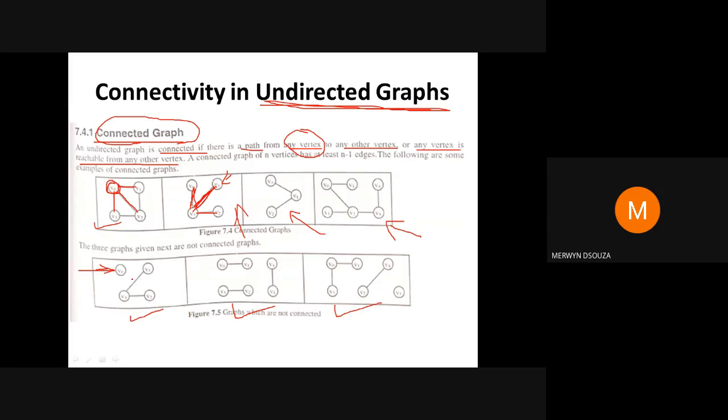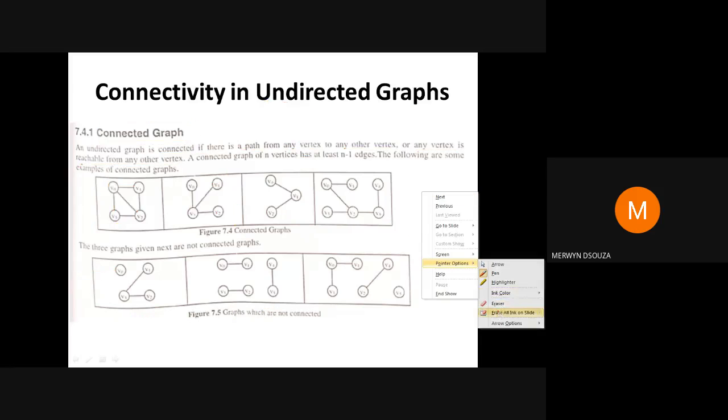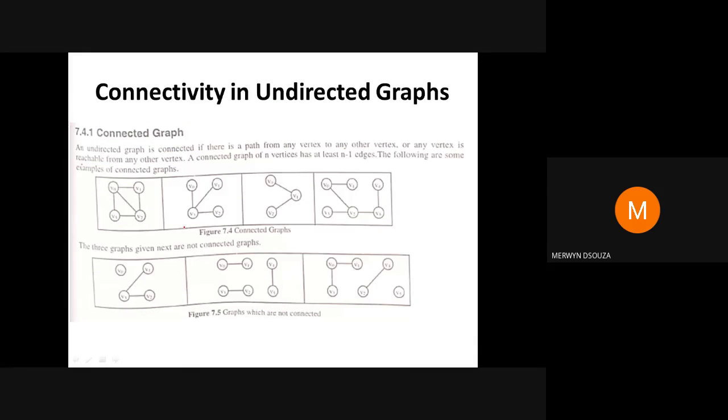So in a graph where even one vertex is not connected, that graph will be known as a not connected graph. In the exams, they may give you graphs and ask you to identify whether the graph is connected or not connected. So to identify that, obviously you have to know this definition that has been given here.